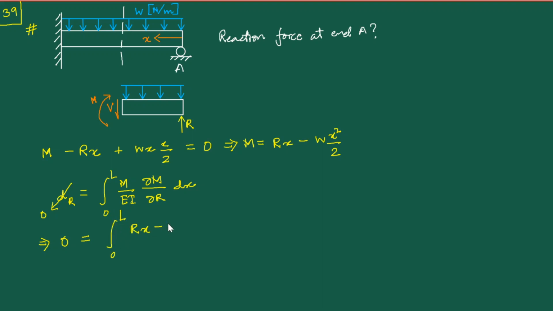This is Rx minus Wx squared by 2, divided by EI, and del m del R just gives us x dx.